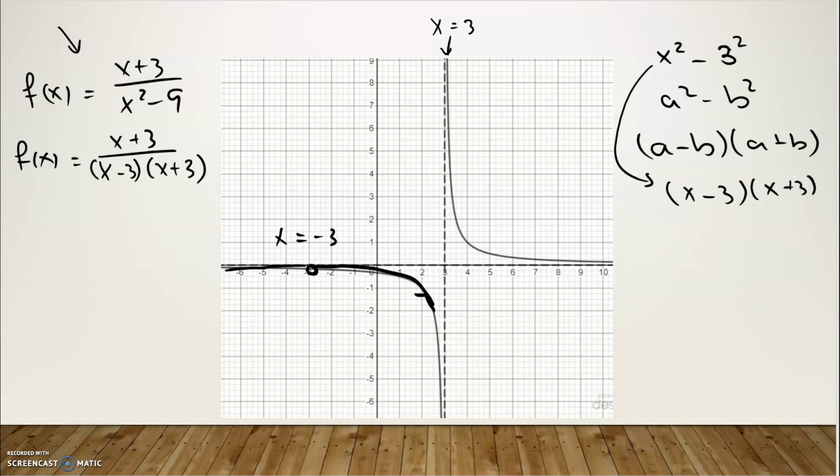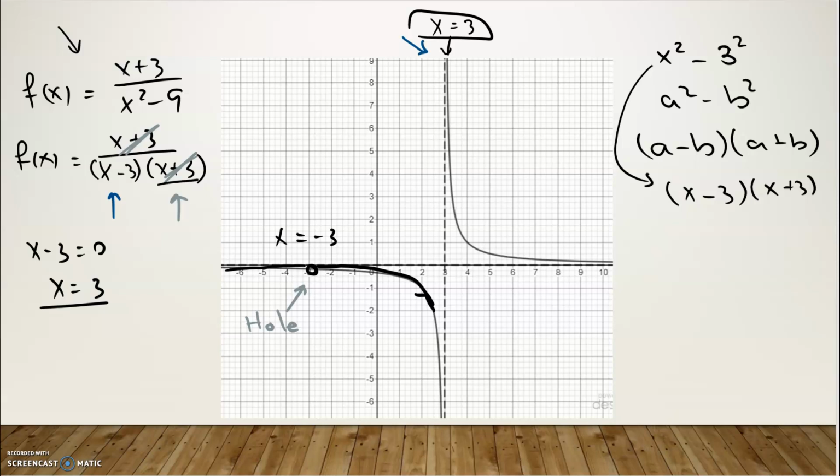Now notice if I can cancel out the top and the bottom, so this was one of my problem points, and if I can cancel that out, that means that I'm going to have a hole in my graph. But if I cannot cancel out the problem point, that means that I'm going to have an asymptote in my graph like I do here. So notice if I take x minus 3 and I set it equal to 0, hey, that gives me x equals 3, which we already see in the graph that we have an asymptote at x equals 3.